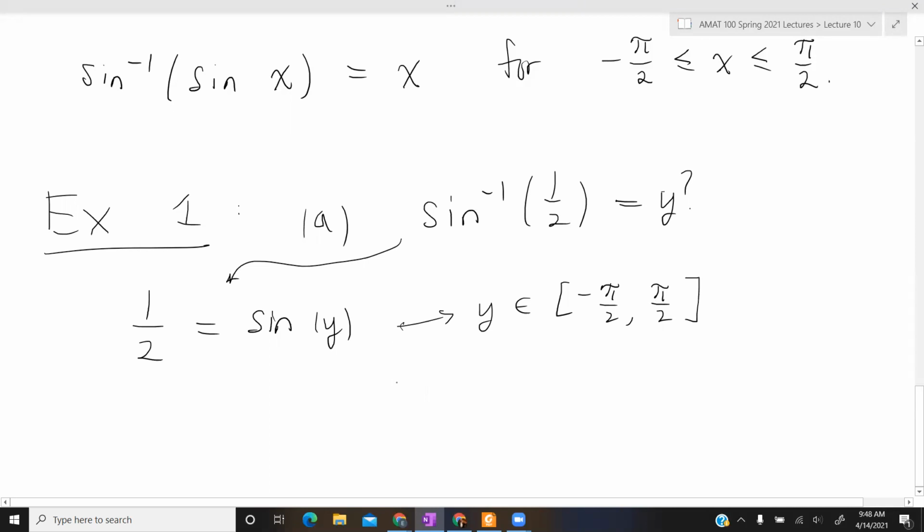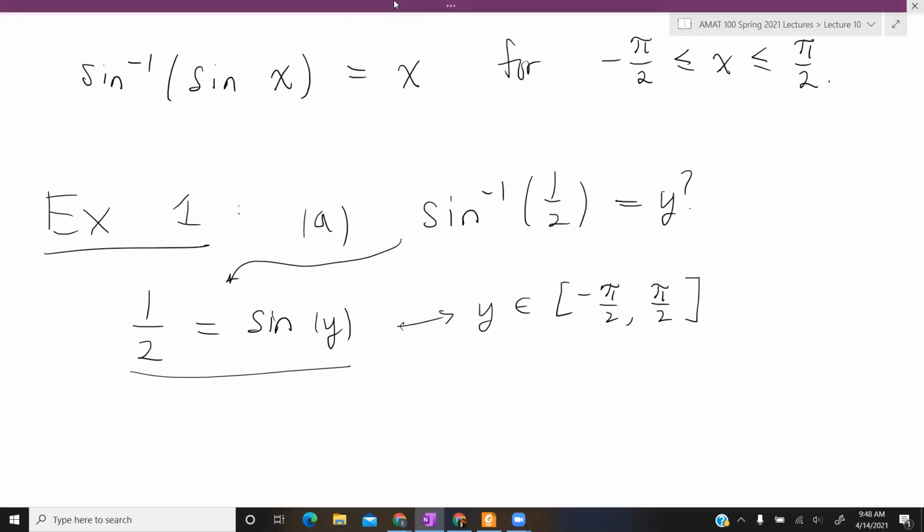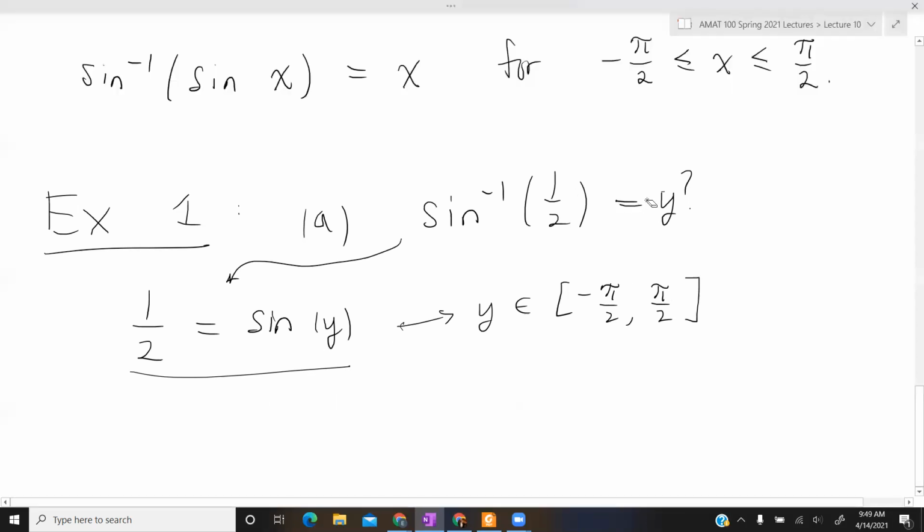We haven't talked about angles really, but what's the angle between these two that gives me one half? This is confusing because I'm using y, so let me use theta.